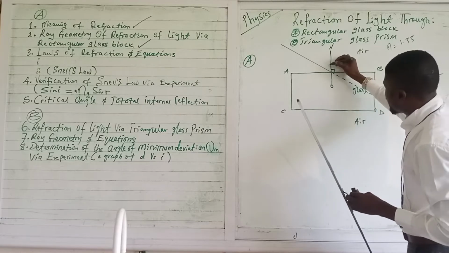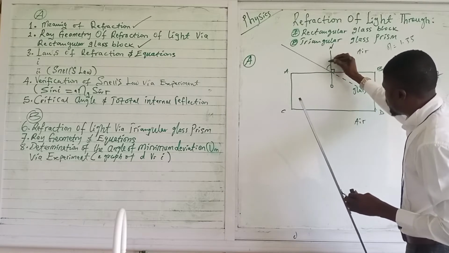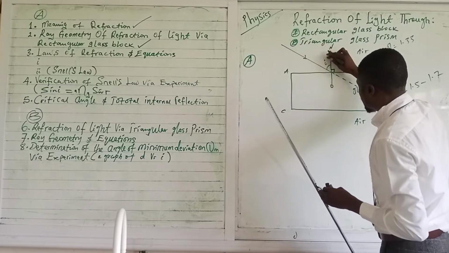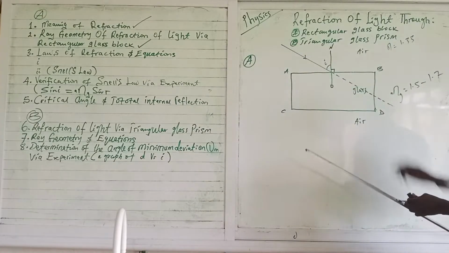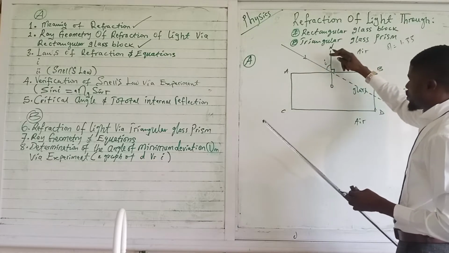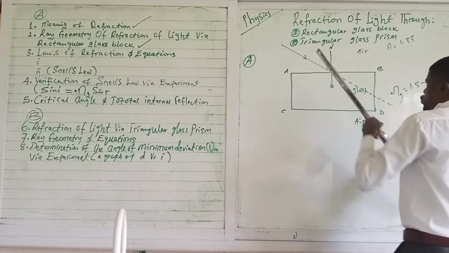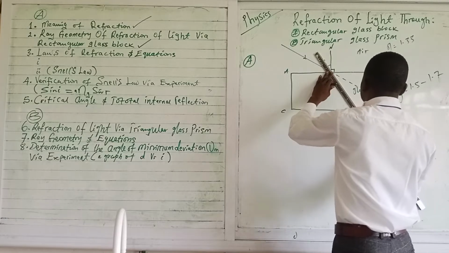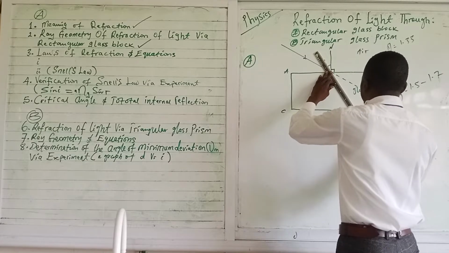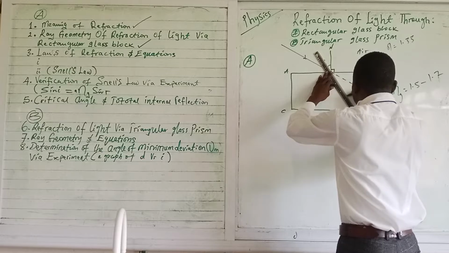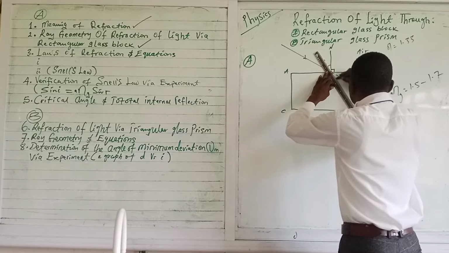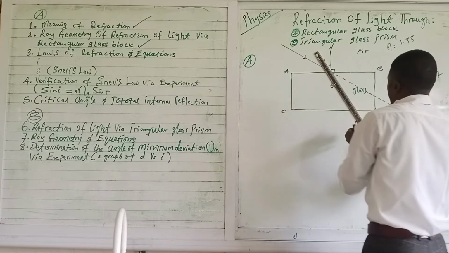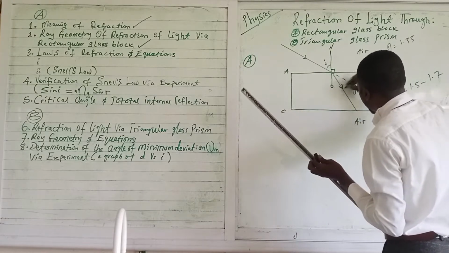The angle of inclination, this to this, is called the incident angle, and this is the incident ray. So the ray of light will bend. This bending is what we call refraction. Then you put another arrow here.